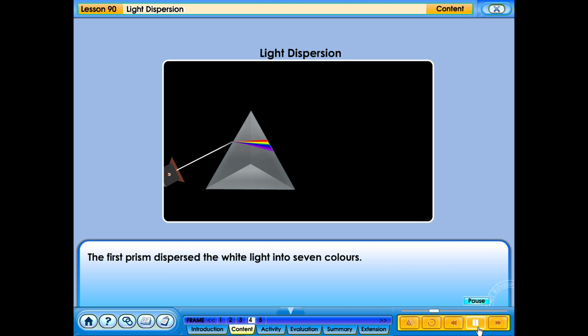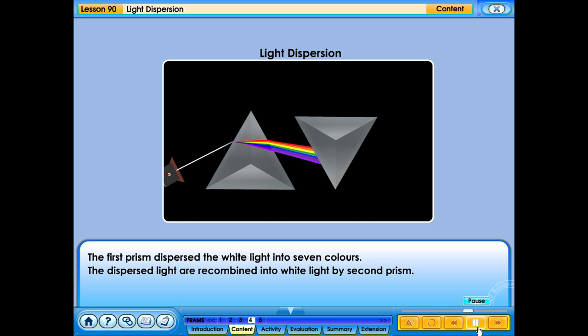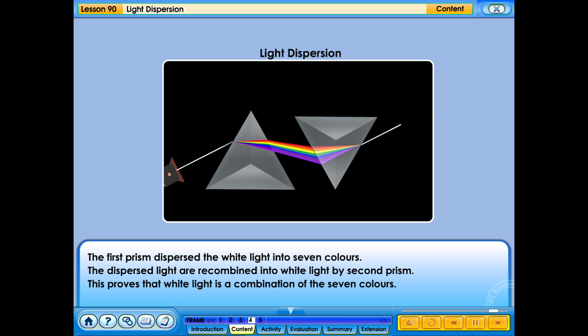The first prism dispersed the white light into 7 colors. The dispersed lights are recombined into white light by the second prism. This proves that white light is a combination of 7 colors.